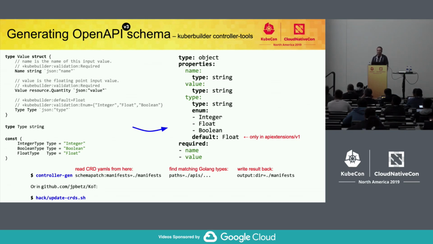And kubectl will validate. So kubectl will reject objects which don't have the required fields. And this is the reason why we don't have the type here as a required field. You can leave it out, don't require it, and say there's a default, and then every object gets this value, but technically it's not required. Anyway, it can never be empty because the defaulting mechanism will make sure that the value is set.